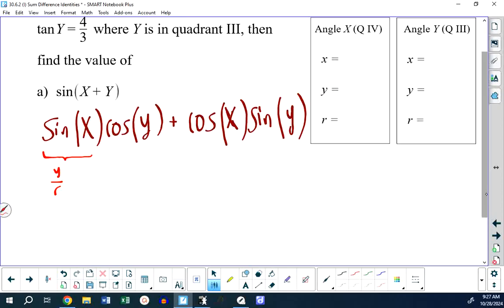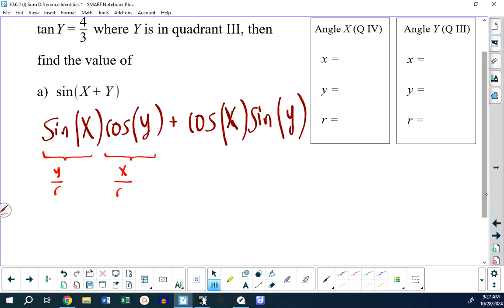The cosine of y will be x over r. But it's going to be x over r for angle y, because it's cosine of y. Do you see the need to be very organized and clear in your thought here?